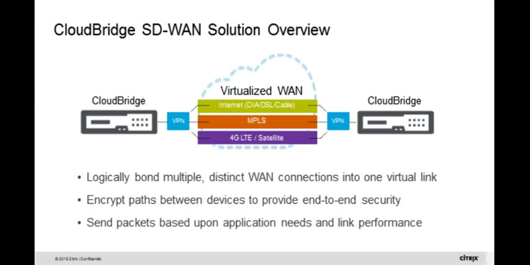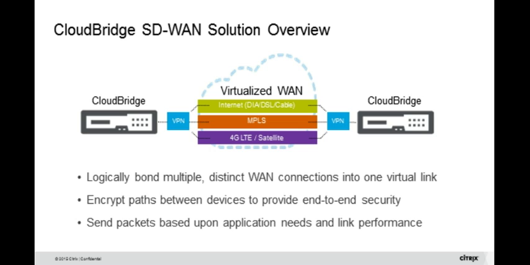software defining the WAN. And what CloudBridge can do by sitting at either end of the wide area network is logically bond together multiple distinct WAN connections into one virtual link. So you take an MPLS connection and you bond it together with a broadband connection such that from an application perspective, it looks like one large pipe instead of two separate individual connections.